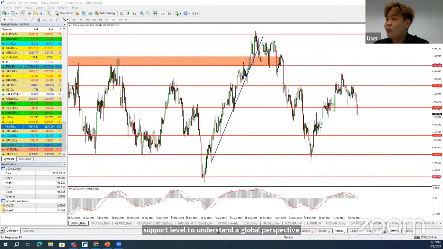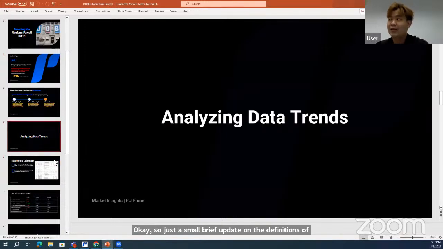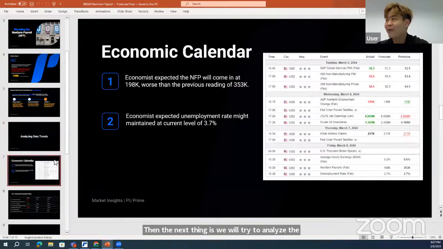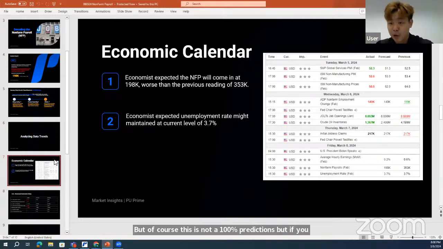Okay, so that was just a brief update on the definition of non-farm payroll. The next thing is we will try to analyze the previous data trends to understand whether the NFP is good or not. Of course, this is not a 100% prediction, but you can look at previous US data, especially the jobs data. This is recent US economic data.